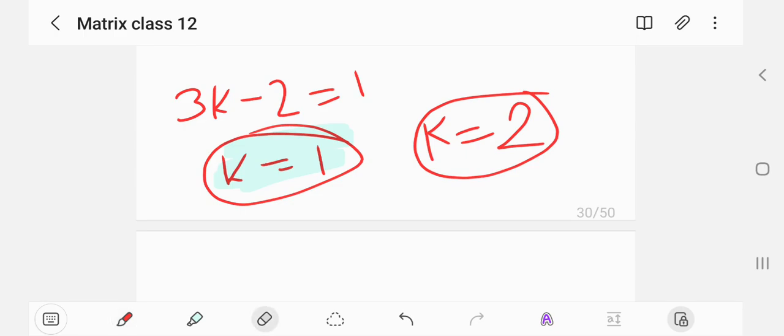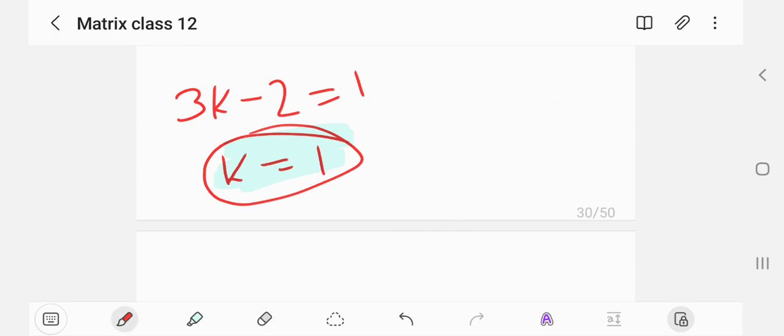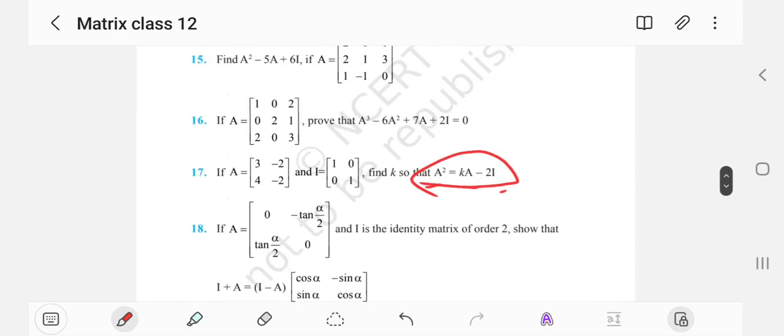But in our question the K value is fixed, so K is equal to 1 is the required answer which we will report. We have to find the value of K, and we have found the value of K. The value of K is 1.